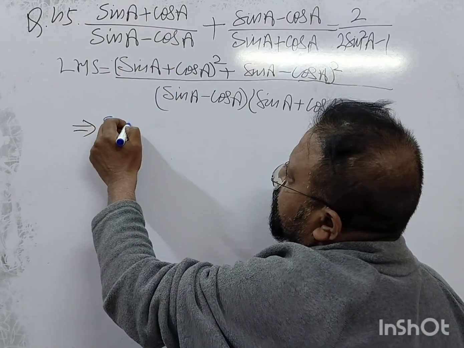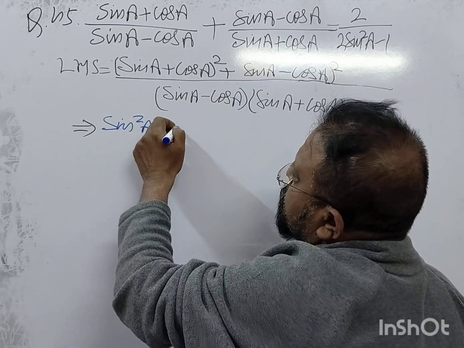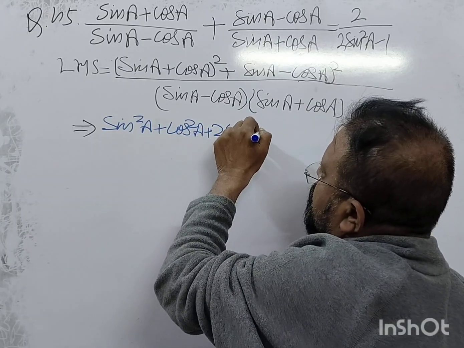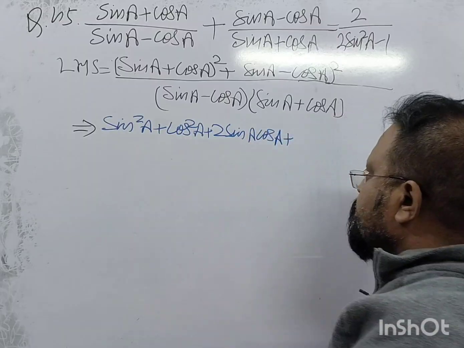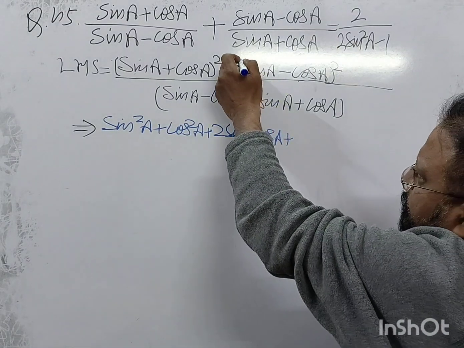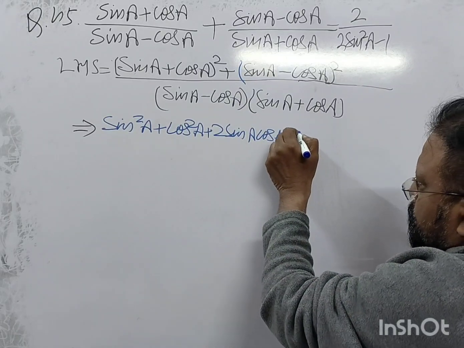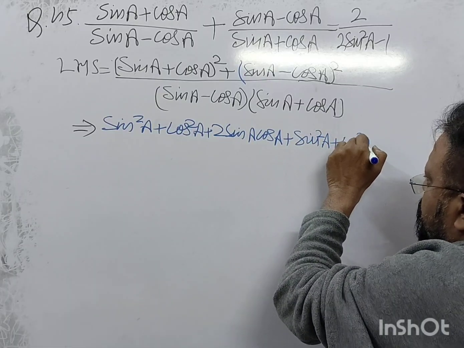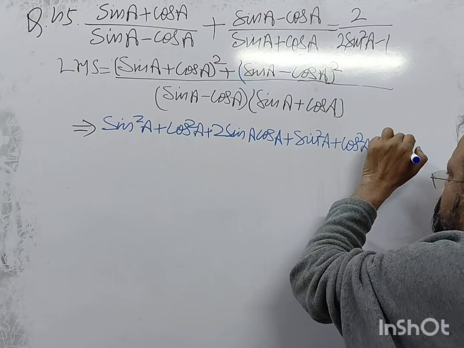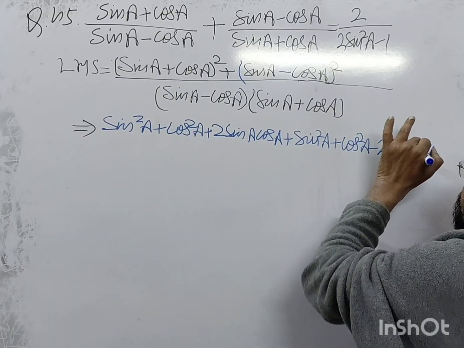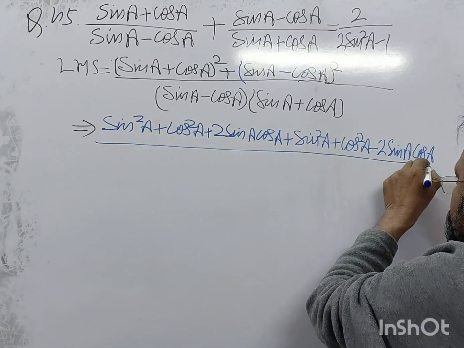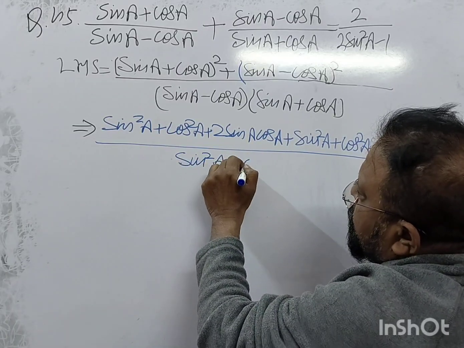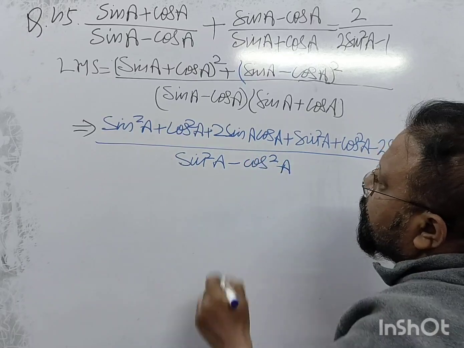So sin square A plus cos square A plus 2 sin A cos A plus here it is sin square A plus cos square A minus 2 sin A cos A upon difference of 2 squares, sin square A minus cos square A, right?